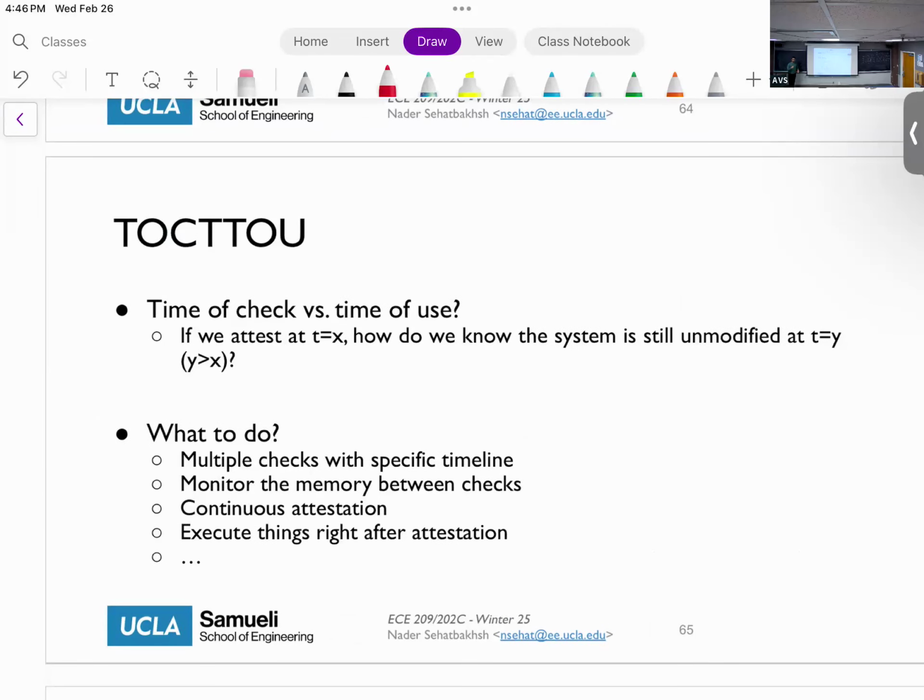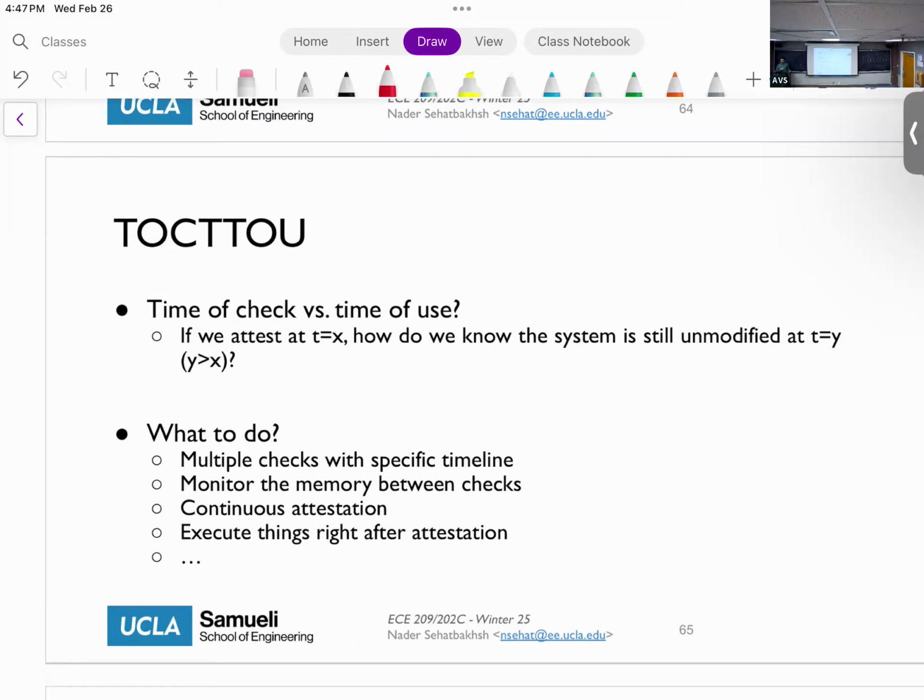There are various solutions for TOCTOU. For example, you can do continuous attestation. In some cases, you can monitor the memory between checks. You can execute things right after attestation, and then once you want to switch to another app, run another attestation.